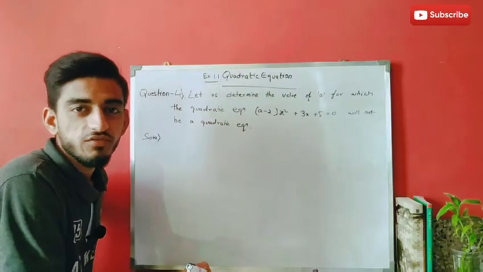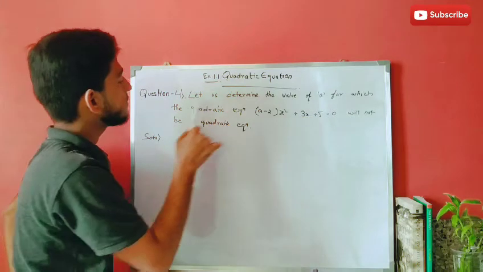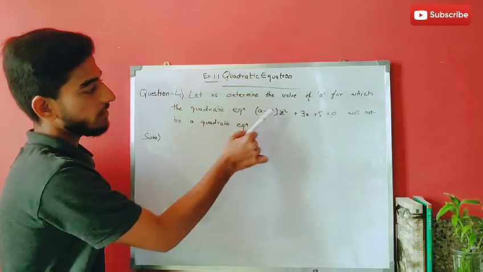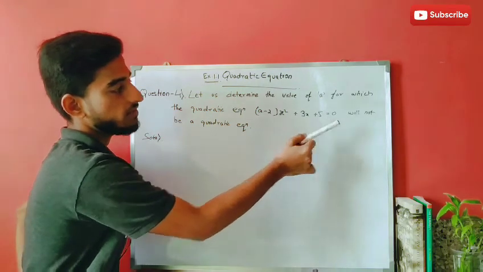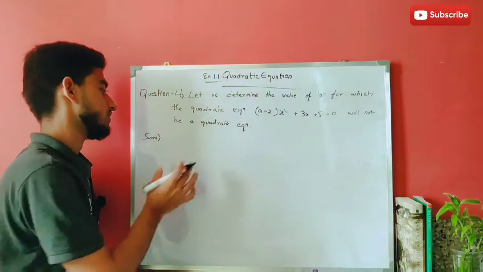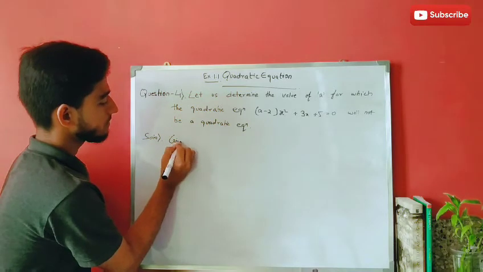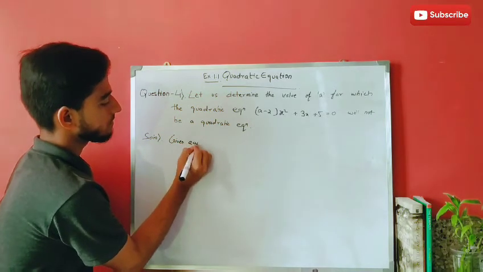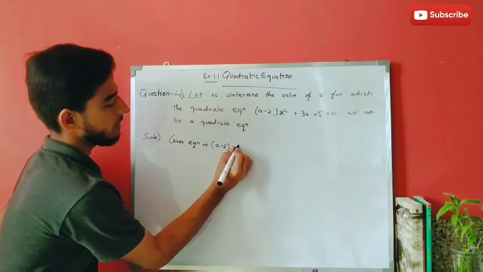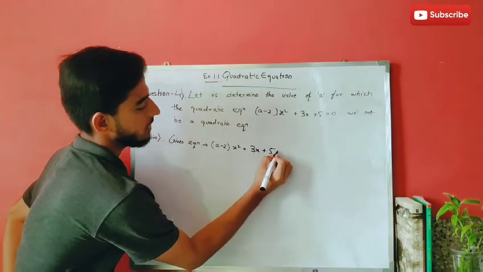So our question number 4 is, determine the value of a for which the equation (a minus 2) x square plus 3x plus 5 is equal to 0 will not be a quadratic equation. So let's start. Our given equation is (a minus 2) x square plus 3x plus 5 is equal to 0.